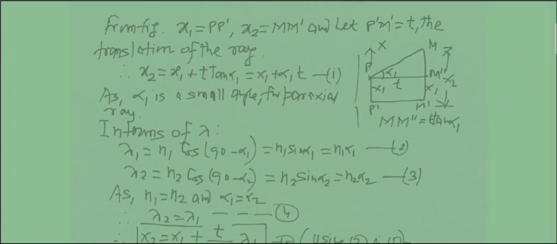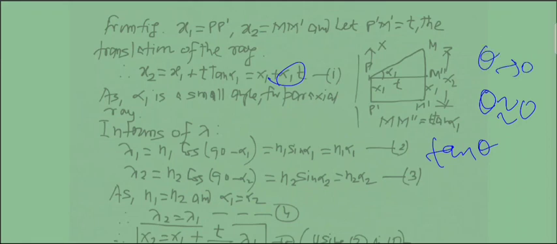So x2 equals x1 plus t tan alpha 1, and as this ray is a paraxial ray, tan alpha 1 will be equal to your alpha 1 only, because the ray is paraxial. You know this very well, that when the angle is small, when theta is very small, approximately equal to 0, means theta is tending to 0, not exactly equal to 0 but tending to 0, means theta is a small angle.